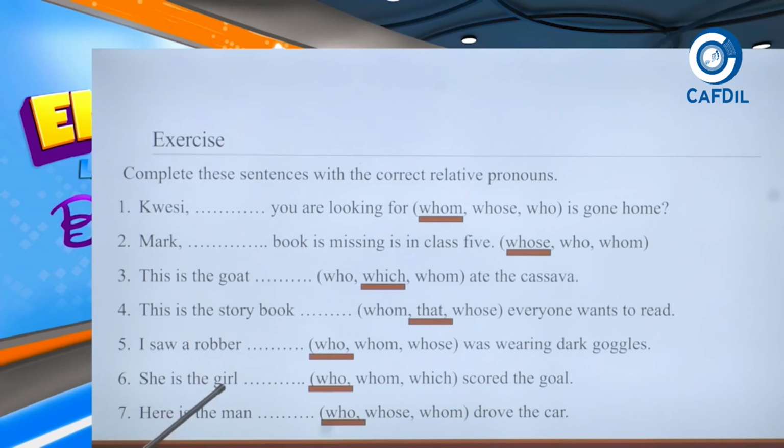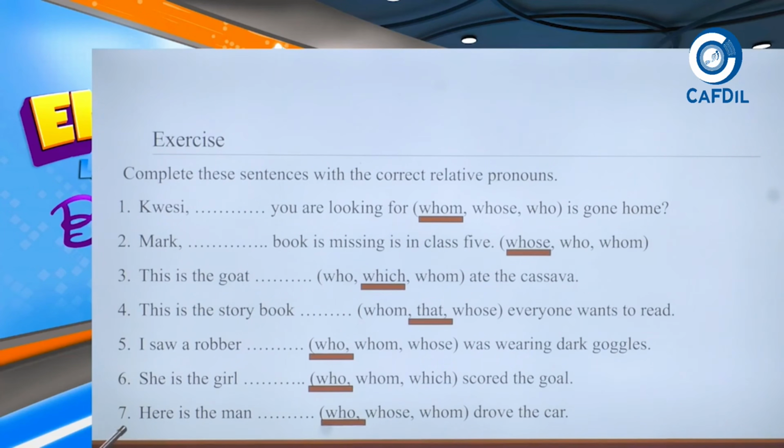She is the girl who scored the goal. Here again, we are able to choose who as the right relative pronoun to complete the sentence.